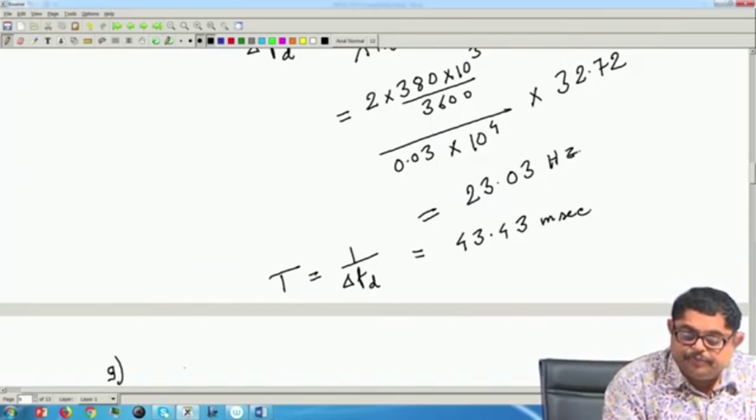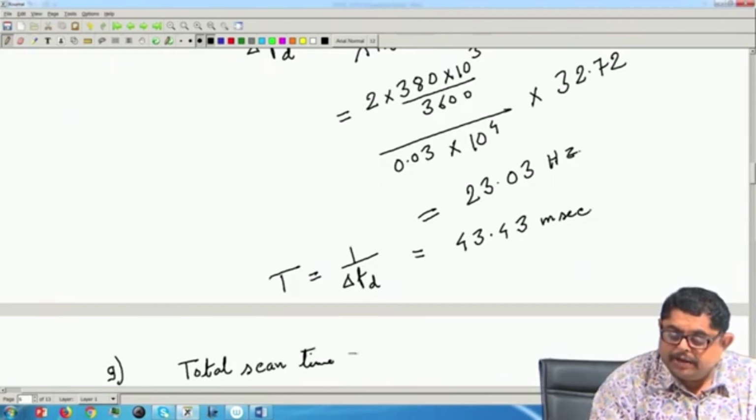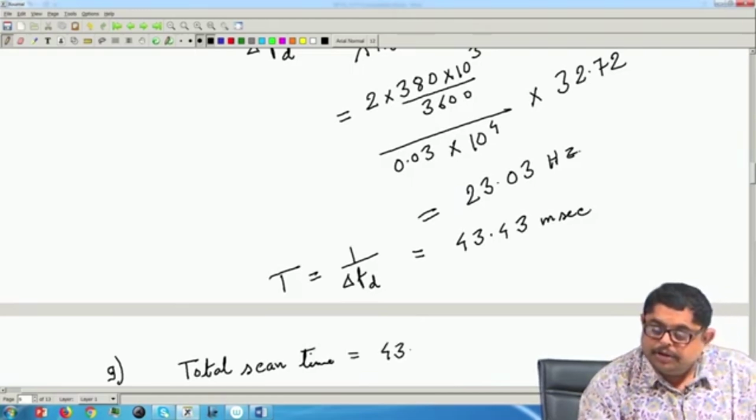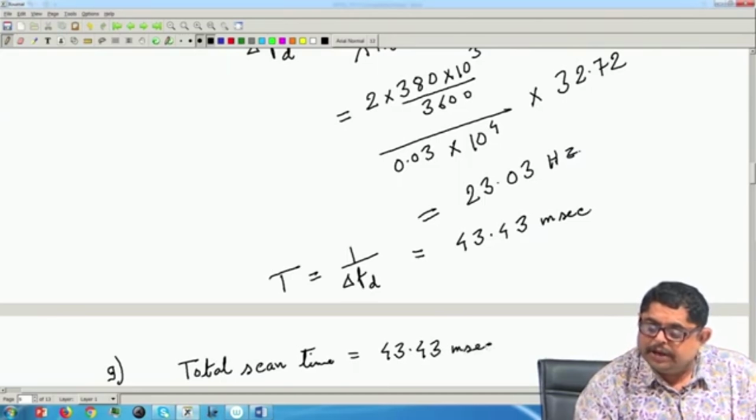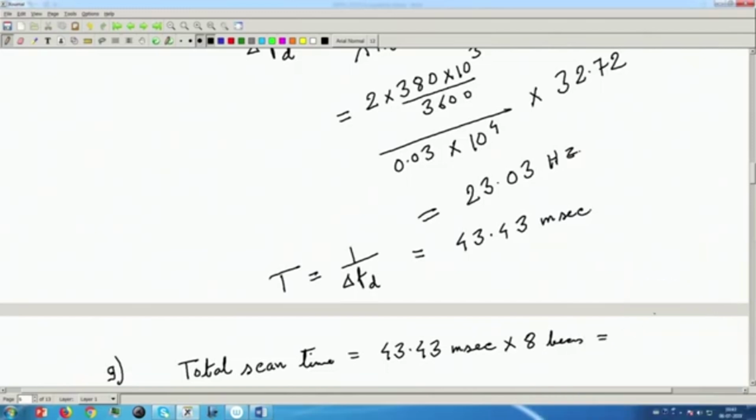The total scan time is equal to 43.43 millisecond into 8 beams, which will give you 347.44 millisecond.